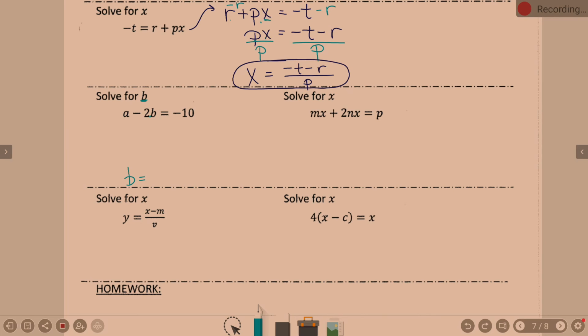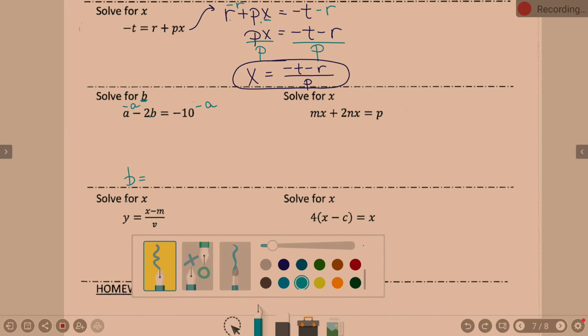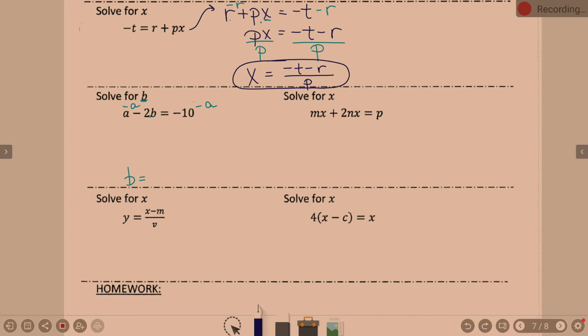Now, this is a positive a. So since it's a positive a, we're going to subtract. If I subtract a on the left, subtract a on the right. A minus a cancels. I have negative 2b equals, and what is negative 10 minus a?